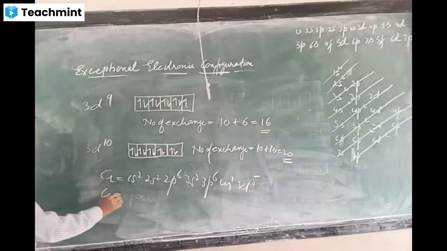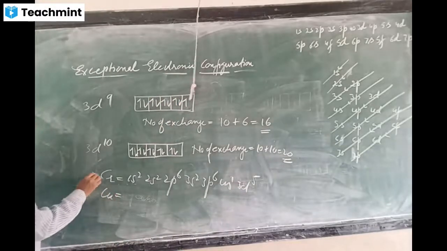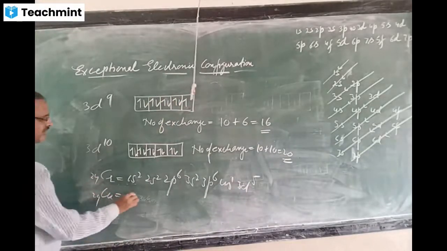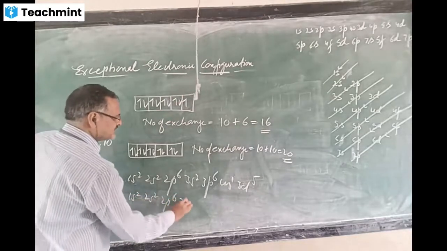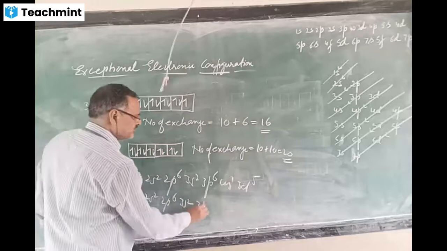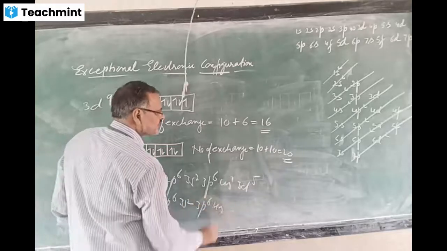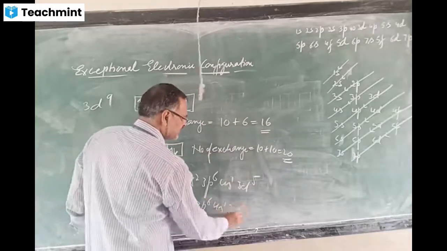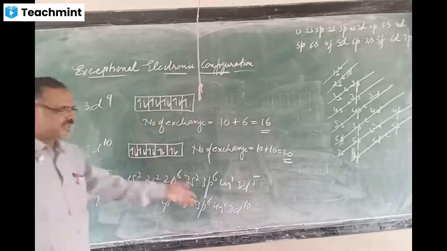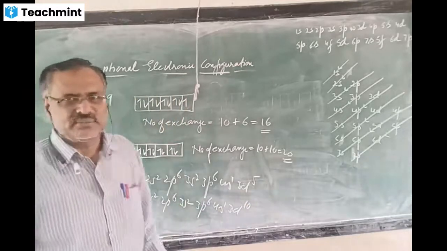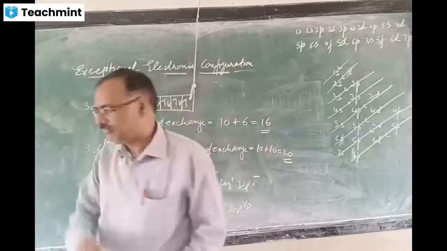And for copper, 29, 1s2, 2s2, 2p6, 3s2, 3p6, 4s1, 3d10. By this way you can get the configuration. So this is about chromium and copper.